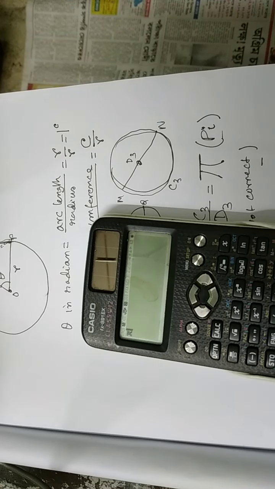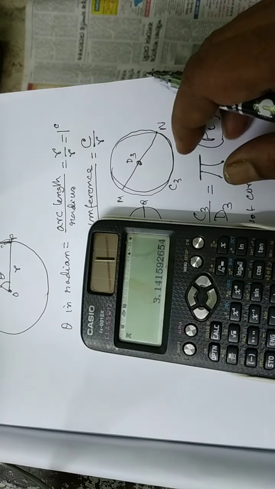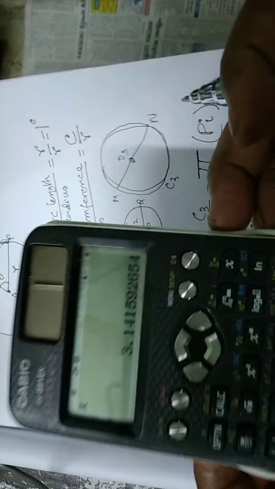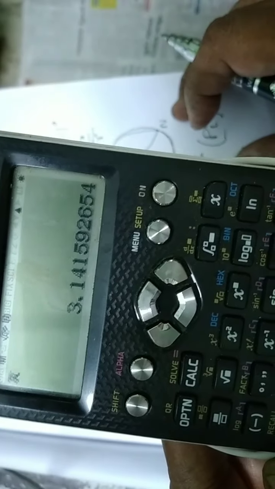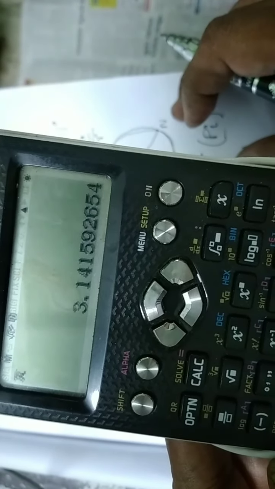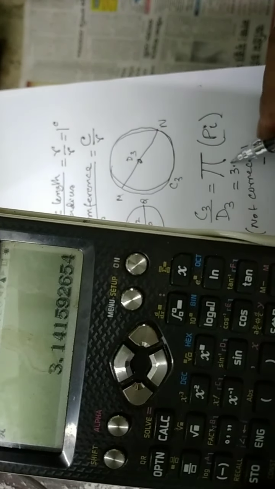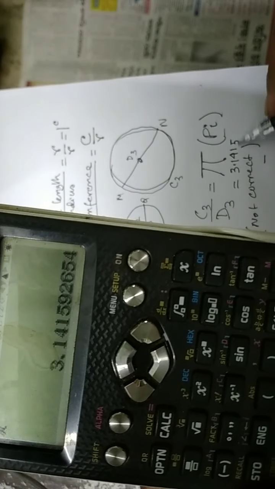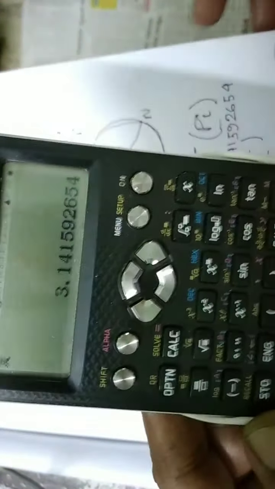Look, pi equal to 3.141592654. So you can note it down. This does not end here, but the capacity of the calculator is this much.